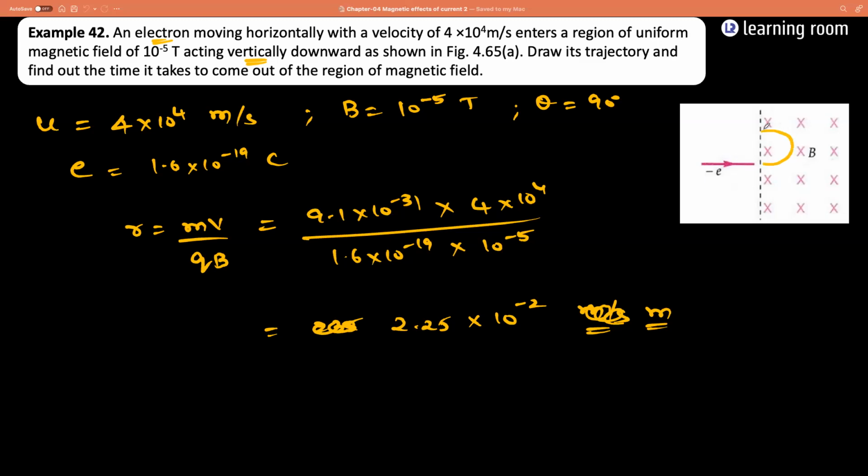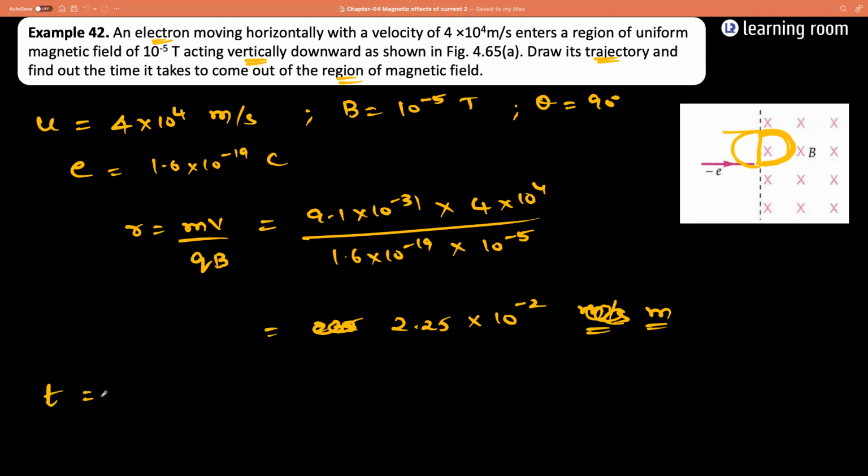But since in the question they asked, draw its trajectory and find out the time it takes to come out of the region of the magnetic field. So when it is going to come out of the region of the magnetic field, it should have completed how much distance? Sir, 1/4 of the circumference. See, actually, this is a circle. So out of that circle, it should cover a distance of pi r, no? Because it would have completed a semicircle and come out.